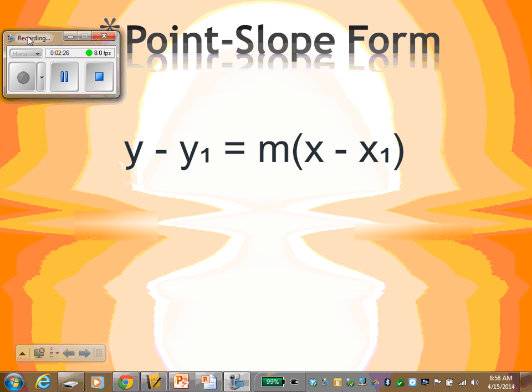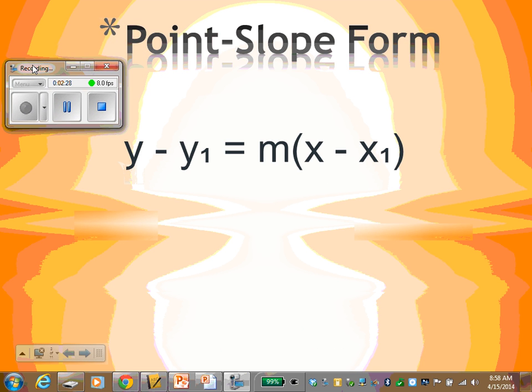It looks like this. Y minus y sub 1, you might want to write this down, equals m times the quantity of x minus x sub 1. Y minus y sub 1 equals m times the quantity of x minus x sub 1. Okay?